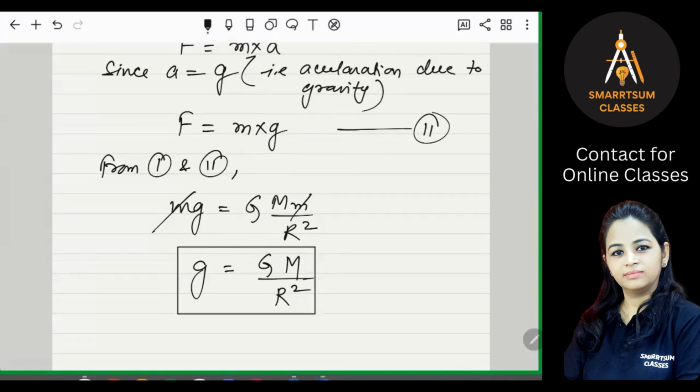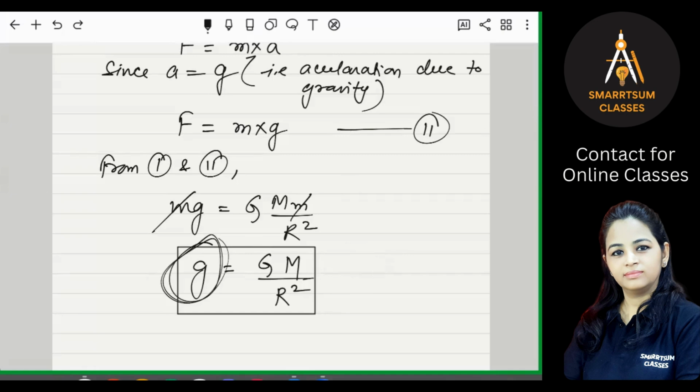And this is the relation between small g and capital G. So from this formula, it is clear that acceleration due to gravity, g, does not depend on the mass of the freely falling object, because there is no term of m. We have cut that. It is cancelled. Are you getting that? So from this equation, we can say that acceleration due to gravity does not depend on the mass of the falling object.